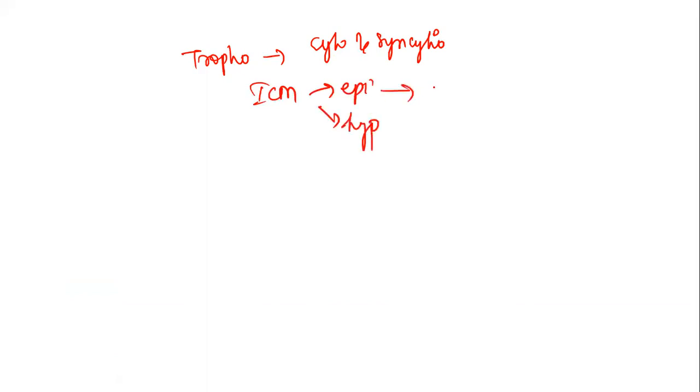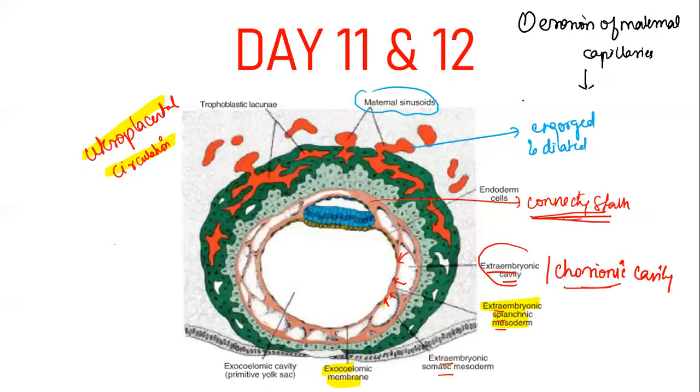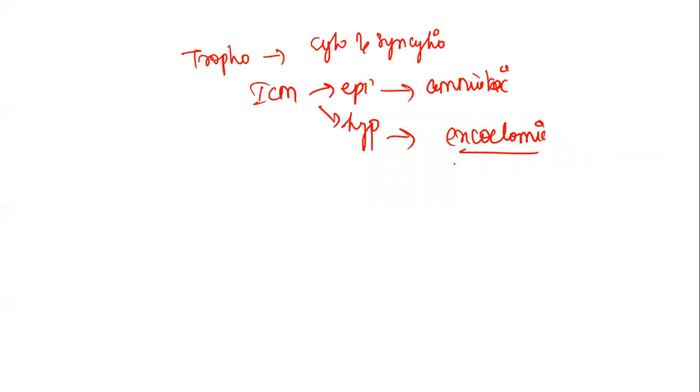The epiblast gave rise to the amniotic cavity, and the hypoblast on day 9 gave rise to the exocoelomic cavity, which is called your primitive yolk sac. Along with that we had a lacunar stage on day 9. I'll show you with the picture so it becomes simple, right? Yes, we saw the lacunar stage.